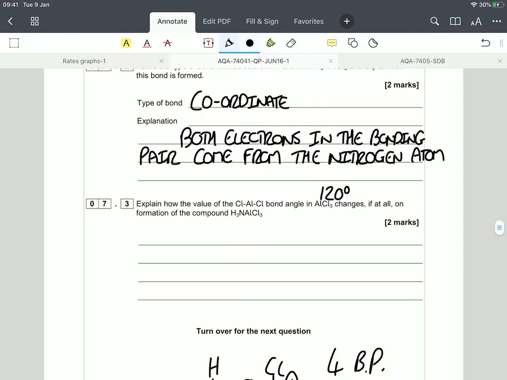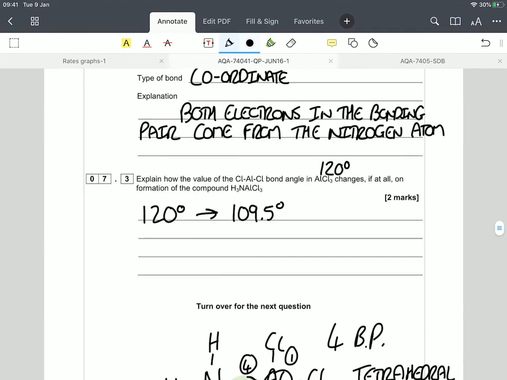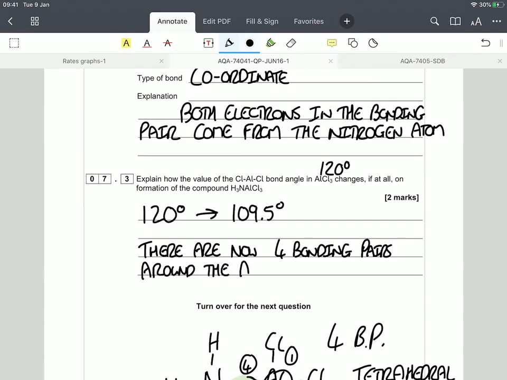So, I'm not going to write this out in words, but it decreases from 120 degrees to 109.5 degrees. There are now 4 bonding pairs around the aluminium. So there's more repulsion.